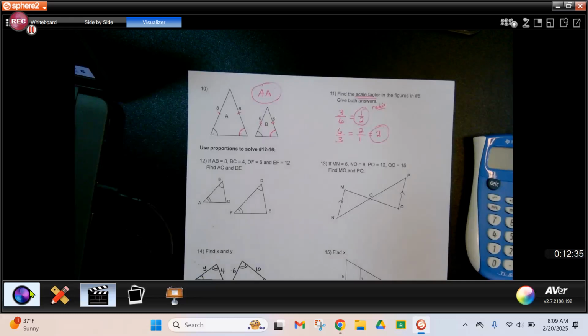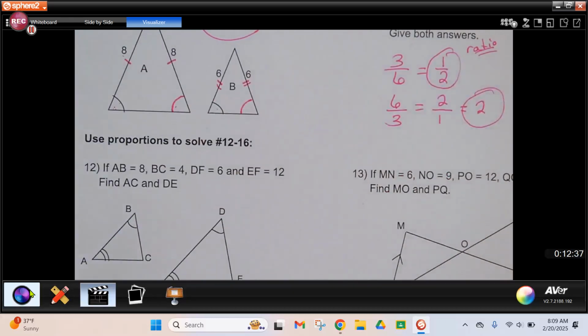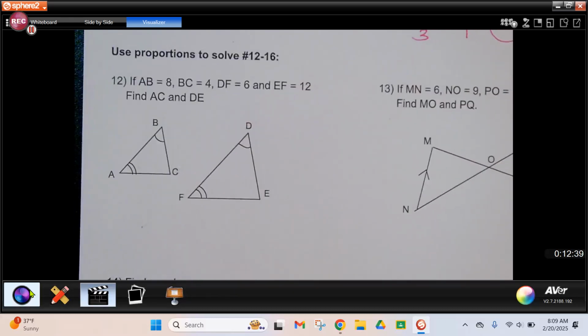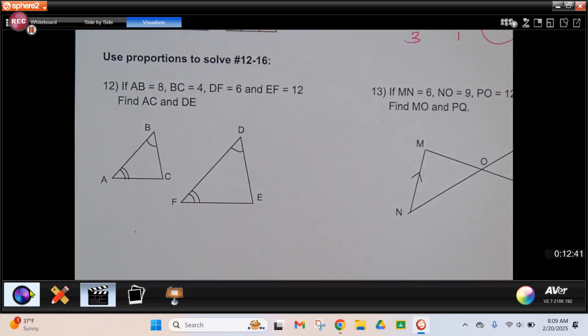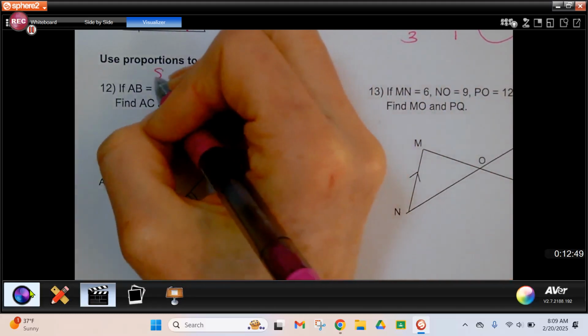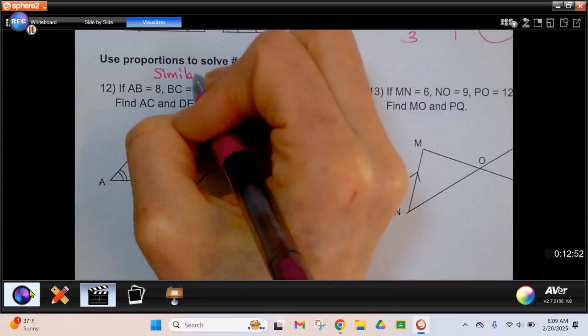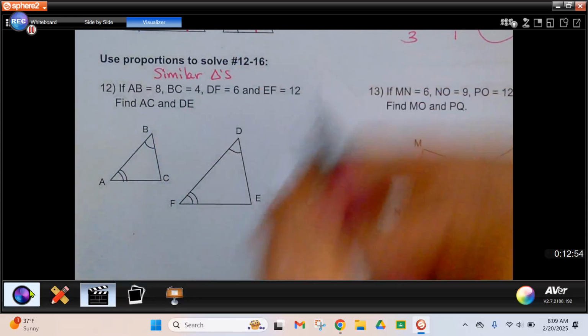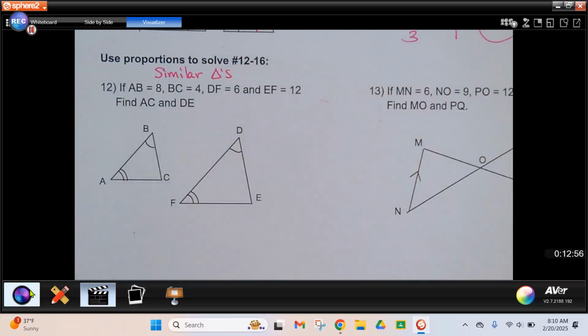If we're going to use proportions to solve, we're told that these two triangles are similar. Actually, I didn't say that, so let's do that. These are similar triangles. All of these are similar triangles from numbers 12 to 16.